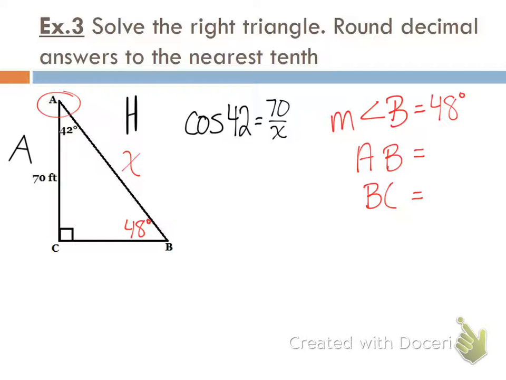We're not finding BC right now. So no, we probably won't get the same number. The hypotenuse and BC should not have the same measure. When we find BC, yes, everybody should get the same measure for BC. That's not what we're doing. Do we have questions about what it is we're doing?